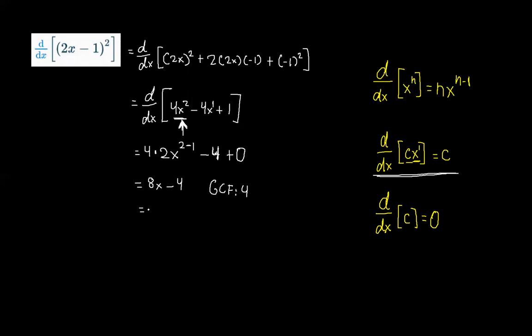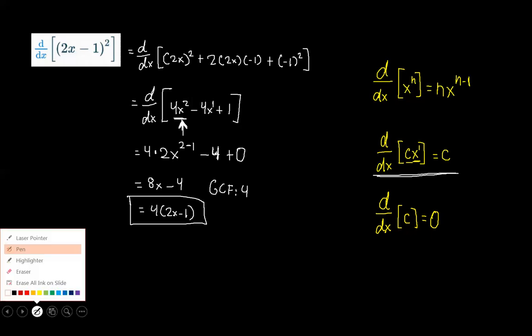Hence, we're going to have 4 times quantity 2x minus 1. So this is your final answer. All right. So this is the first method. Basically, you're going to expand before you differentiate.